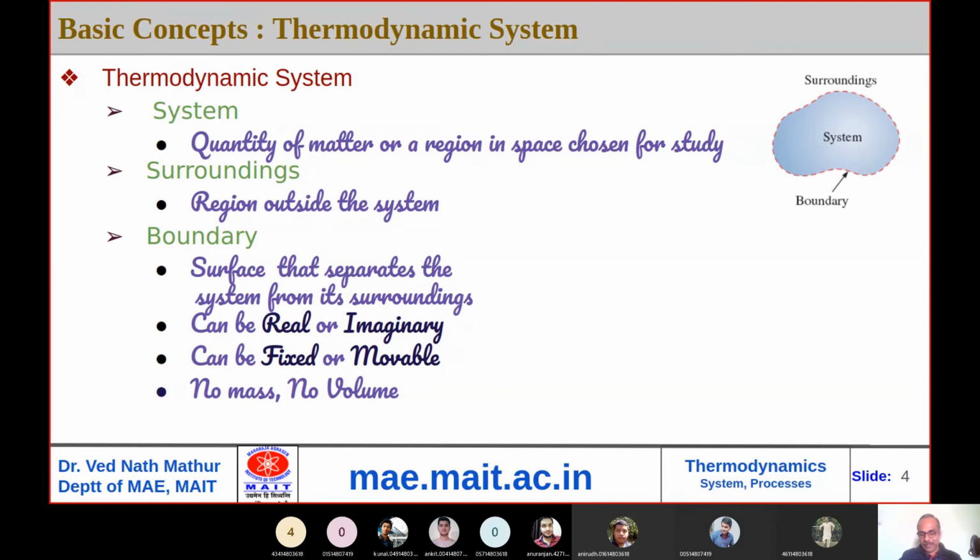But then if you want to study radiation from sun to earth, then the universe is an isolated system. Within that lies the surrounding, that is sun, from where the radiation is emerging and the heat is being transferred to earth. Then the universe, or our galaxy, is an isolated system which consists of the sun and the earth itself.